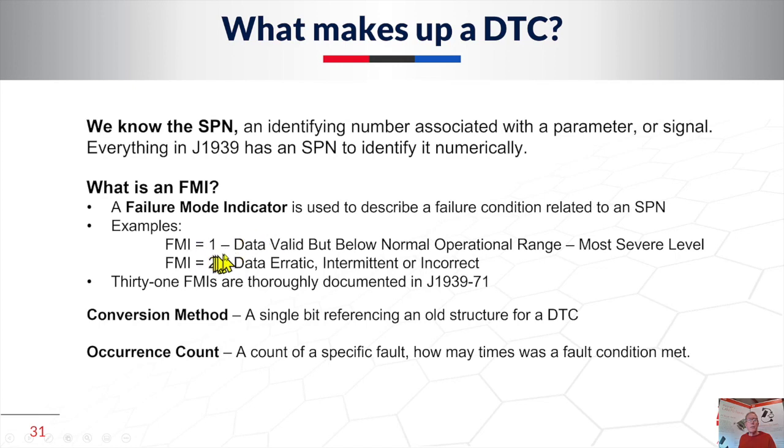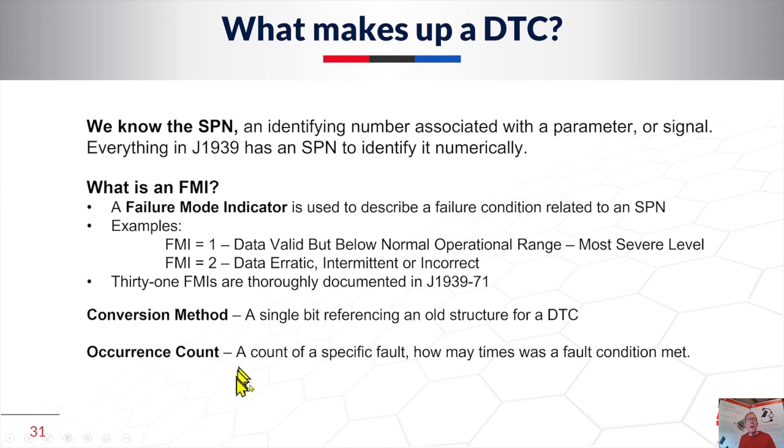If FMI equals 1, data is valid but below normal operating range and the most severe level. If you're in FMI 2, your data is erratic, intermittent, or incorrect. There are 31 FMIs that indicate different things. I'm not going to run through all of them. Conversion method refers to an old method of understanding the DTC. It's 1 bit.